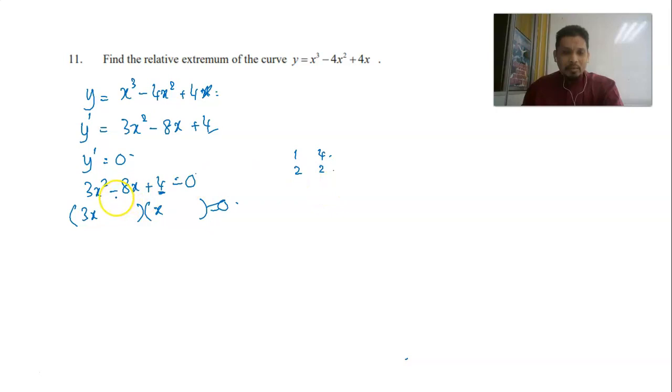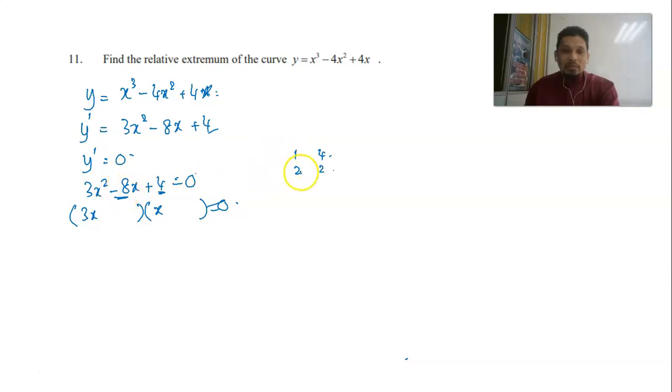And then we get the sum of roots, the addition or subtraction, or the summation or difference. Now if I use 1 and 4, so 3 times 1 equal to 3 plus 4 equal to 7, it will not give you 8 here. Or 3 with 4 equal to 12, and then minus 1 equal to 11, so it will not give you 8.